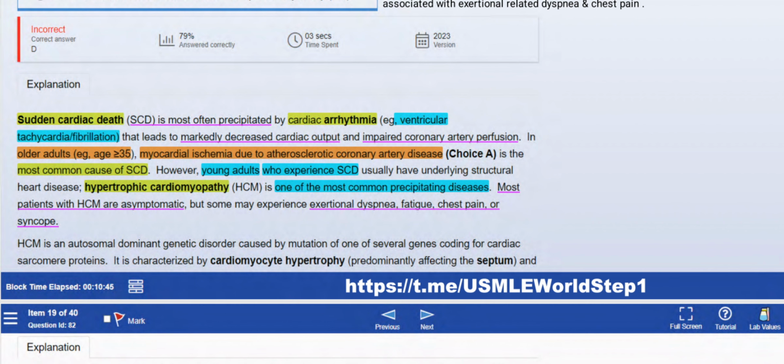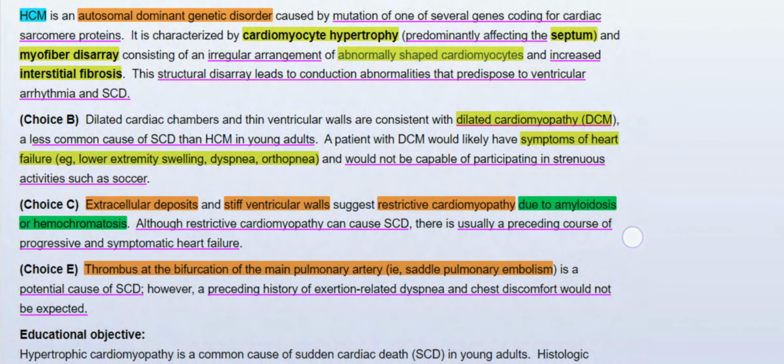In young adults who experience sudden cardiac death, hypertrophic cardiomyopathy is one of the most common precipitating diseases. Most patients with hypertrophic cardiomyopathy are asymptomatic, or have exertional dyspnea, fatigue, chest pain, or syncope. Okay, they will present with that.